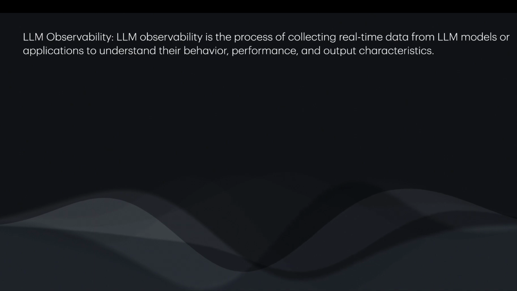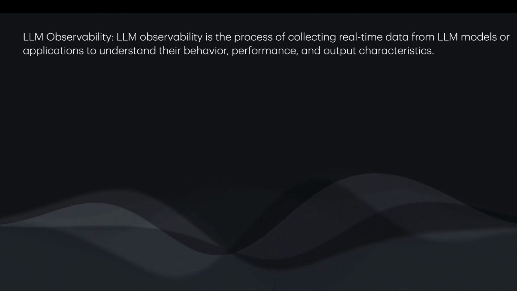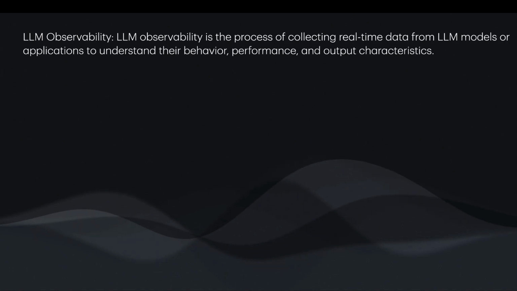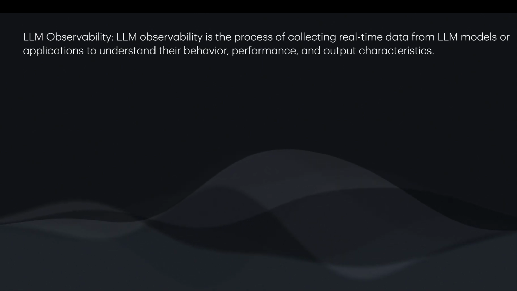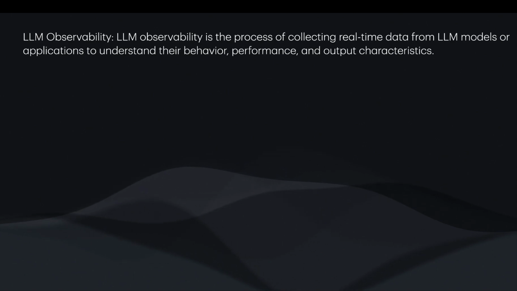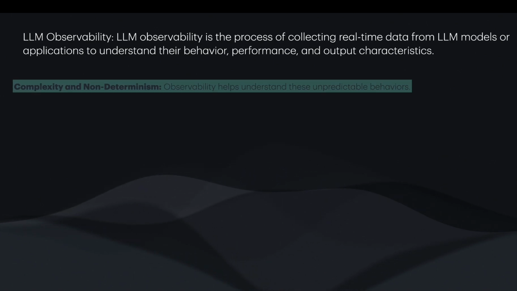If you are building an LLM application, you need to understand how the model or application is performing, and also monitor any issues present in the output characteristics, so that we can find the root causes, and this will help us track those issues.